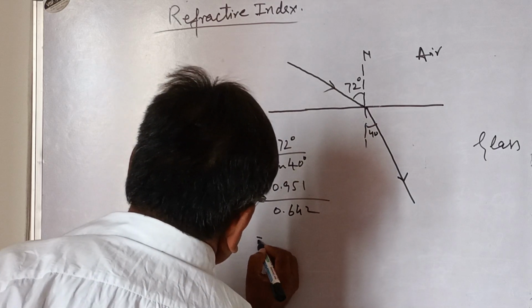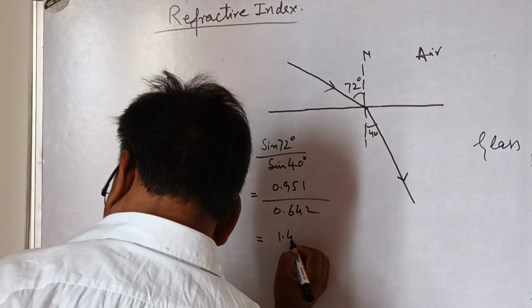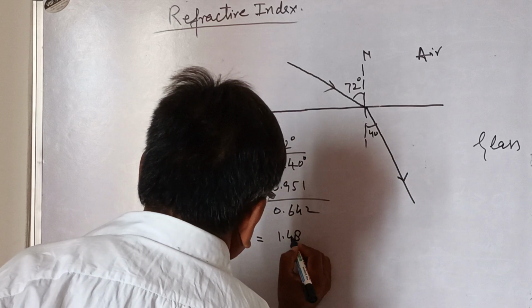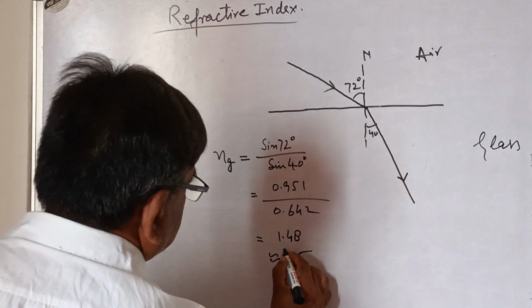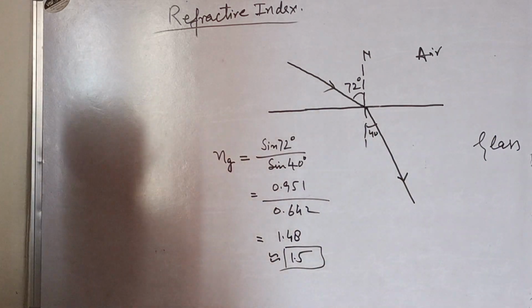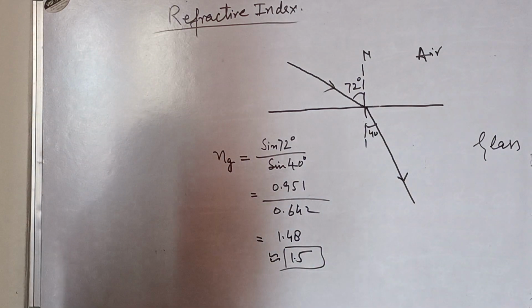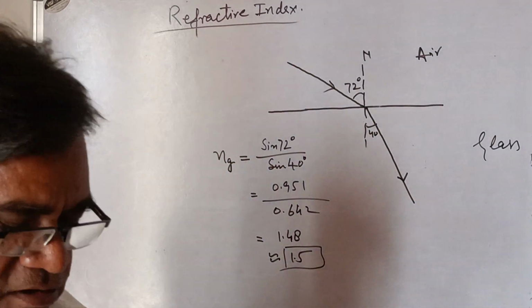If you calculate, it will become 1.48, just equal to 1.5. For glass, generally this value comes into picture. Thus we can calculate the refractive index.